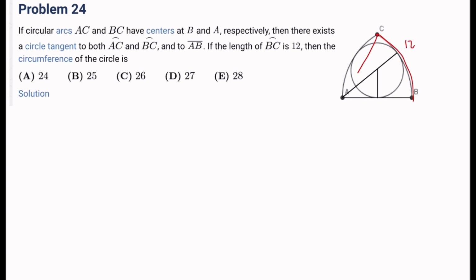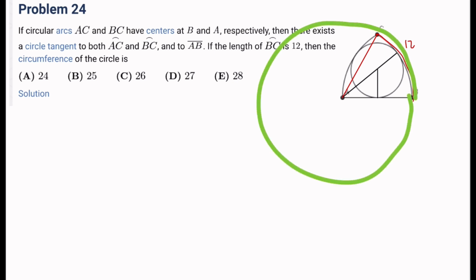But then if we connect this, and from C to B, right? Then this whole thing becomes an equilateral triangle, right? And so that angle would become 60 degrees, right? And since that's 60 degrees, that means this arc is 1/6 of the circumference of the big circle.